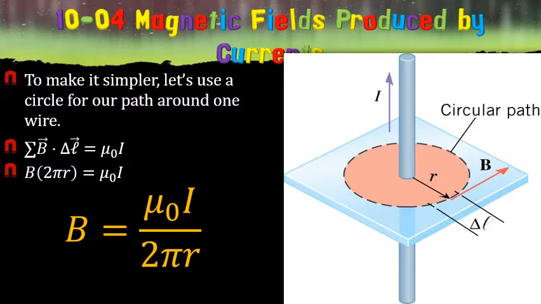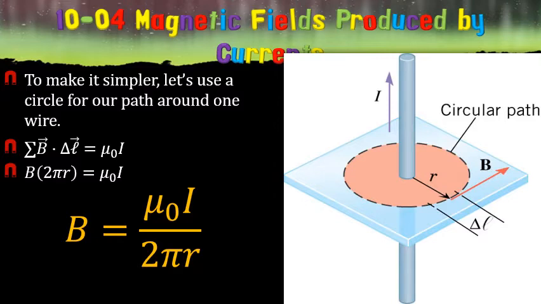Now, the direction of that magnetic field is actually circular. If you use your right-hand rule, we had magnetic field, current, and force. But this time we don't have a force, so it's actually another right-hand rule. What you do is you curl your fingers of your right hand and put your thumb in the direction that the current is flowing in the wire.